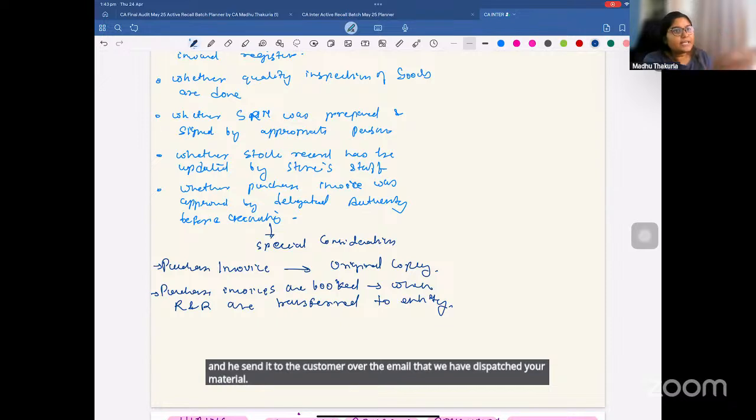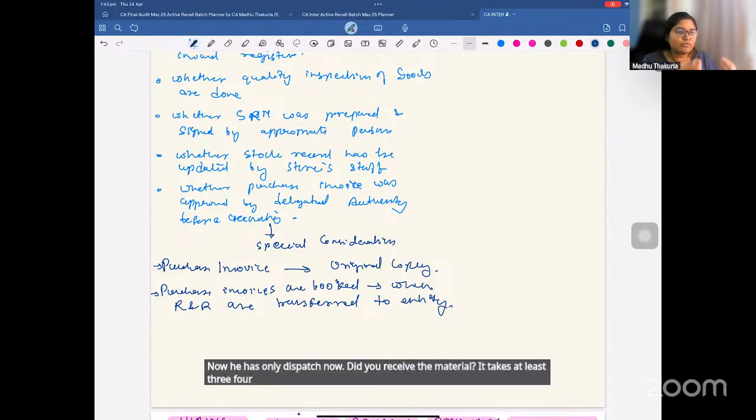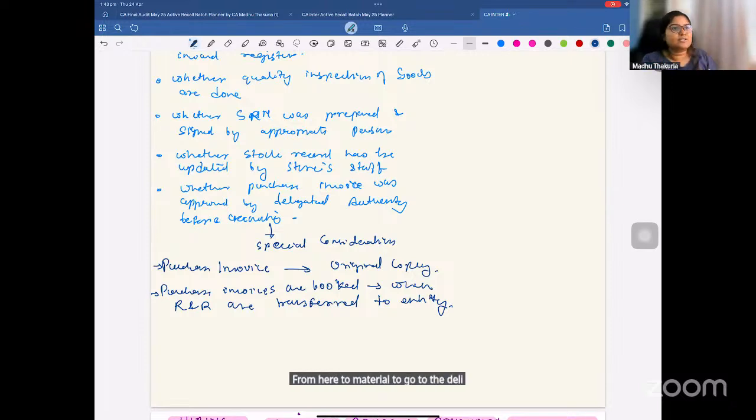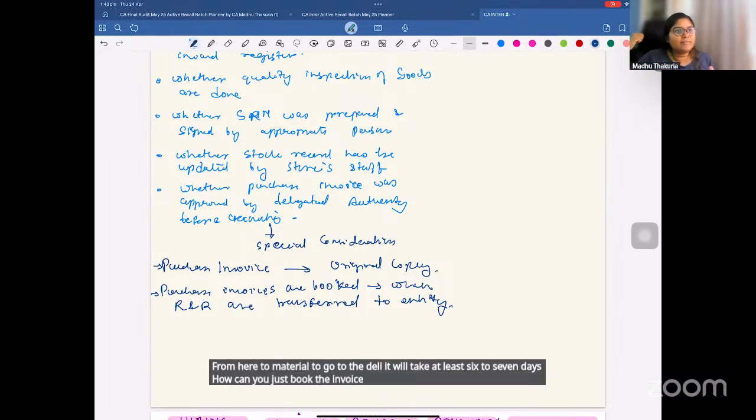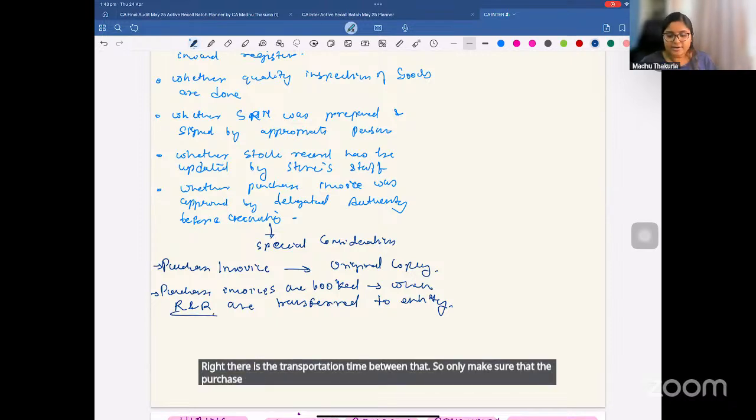Now he has only dispatched. Did you receive the material? It takes at least 3-4 days for transportation. For example, if the material has come into the port in Mumbai, to go to Delhi it will take at least 6 to 7 days. How can you book the invoice the moment the material is received at the port in Mumbai? There is transportation time in between. So make sure the purchase invoices are booked when the risk and rewards are transferred to the entity.